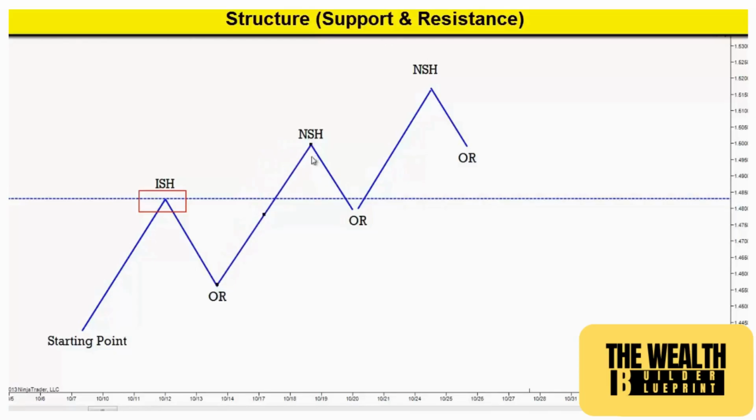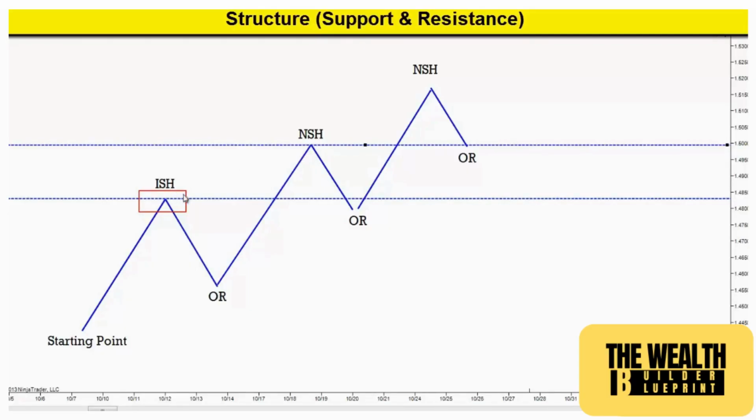Once we break that level, I should say if we break this level, we do in this case, as soon as we create this new structure high and the market starts to turn around again, this also becomes a level of structure.